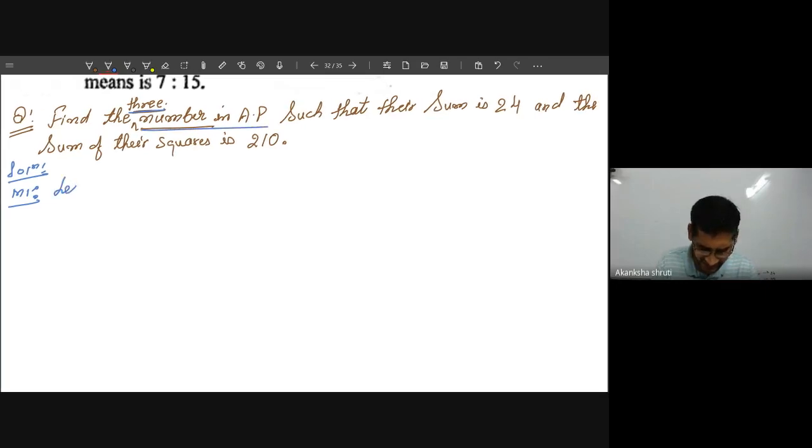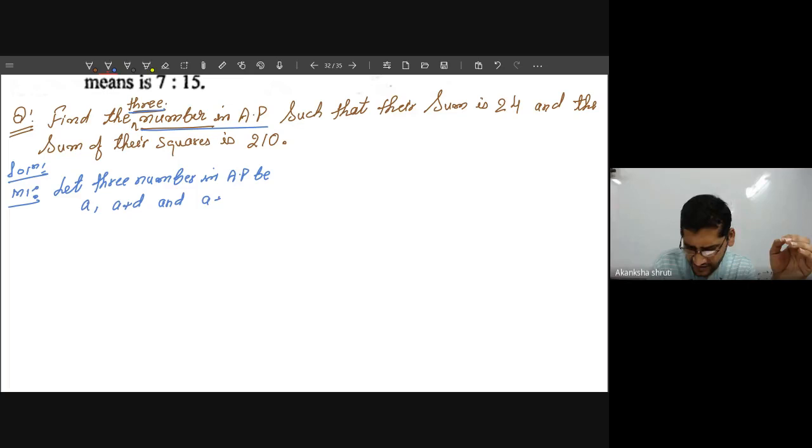So let the 3 numbers in AP be, means you have to take 3 numbers and they should be in AP, means their difference should be constant. So these 3 numbers be your a, a plus d and a plus 2d.